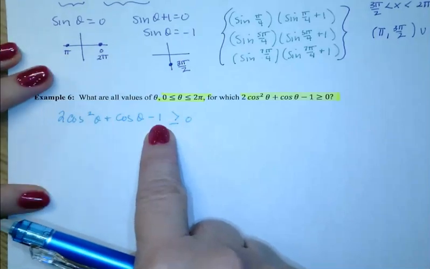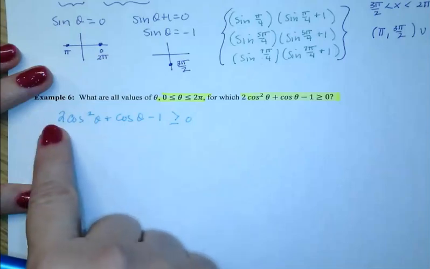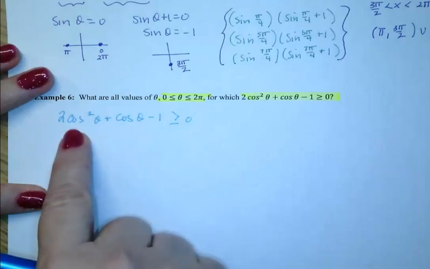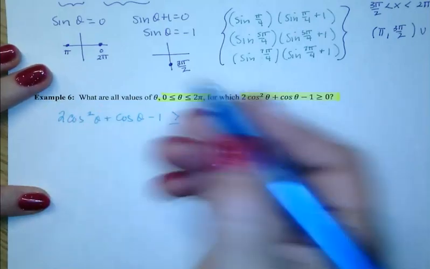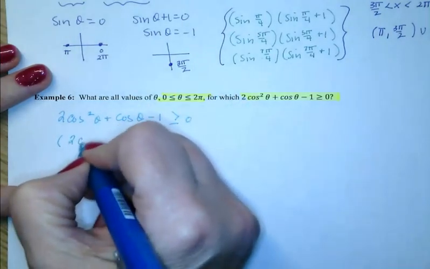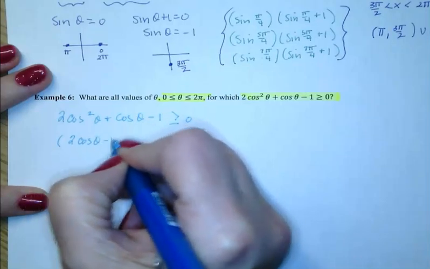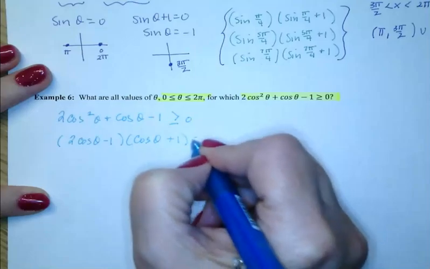But hopefully you can see that if this is 2 cosine squared theta, then one of them is going to be a 2 cosine and one of them is just going to be a cosine, because when you multiply those two factors together, it has to be 2 cosine squared theta. So when I factor this, I get 2 cosine theta minus 1 and cosine theta plus 1.